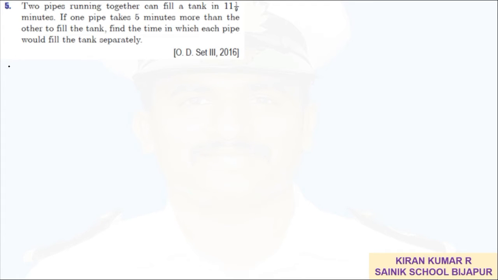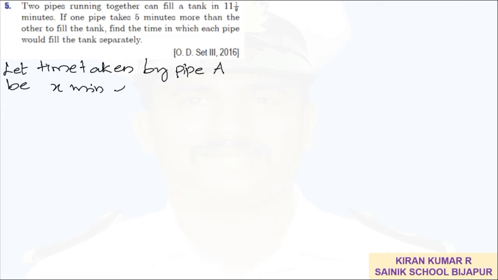So let me consider, there are two pipes, let me mention them as pipe A and pipe B. Let the time taken by pipe A be x minutes and the time taken by pipe B be y minutes.